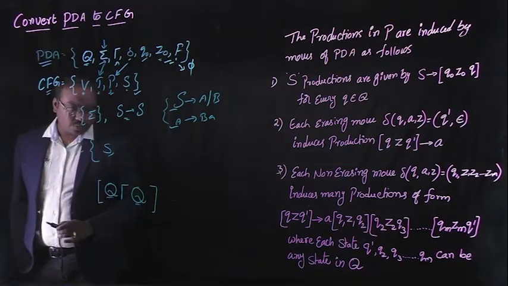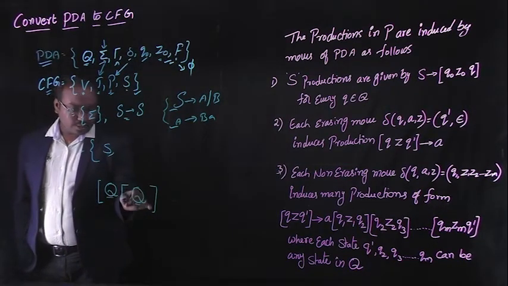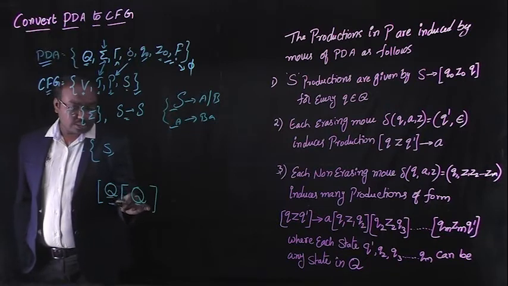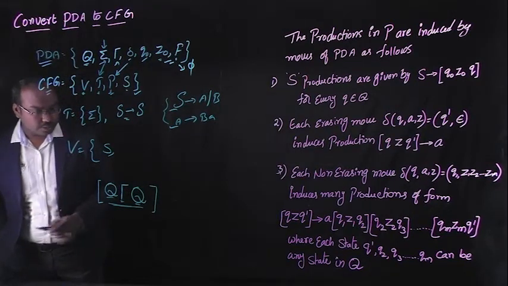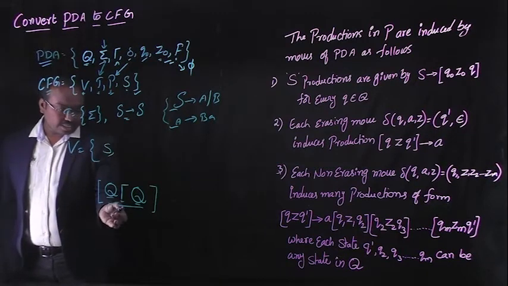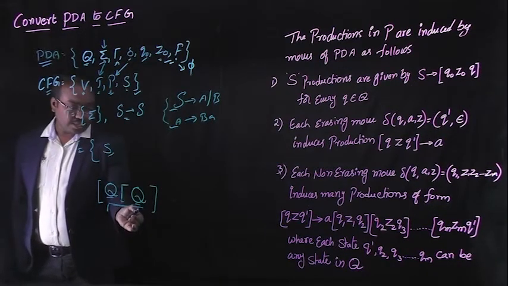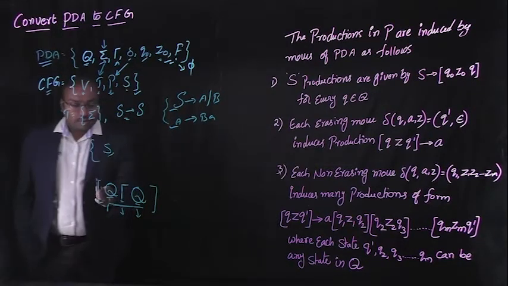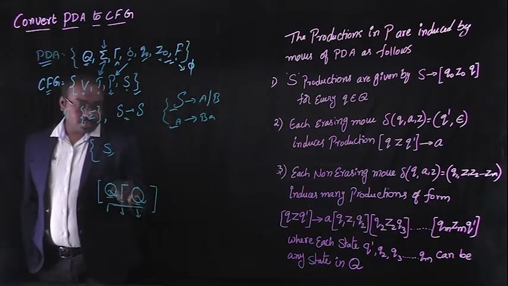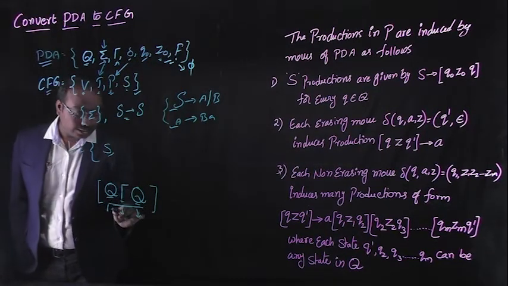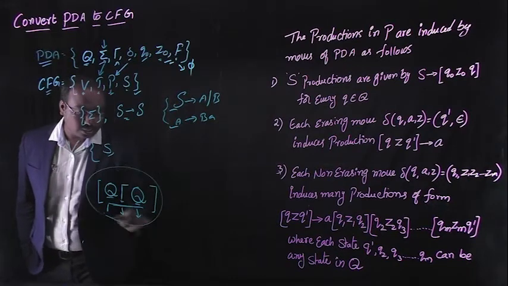In place of Q we take the different states, and the middle one is the stack symbol. So it is the combination of three symbols: one from state, second the stack symbol, and again a state. This entire representation is called one variable.